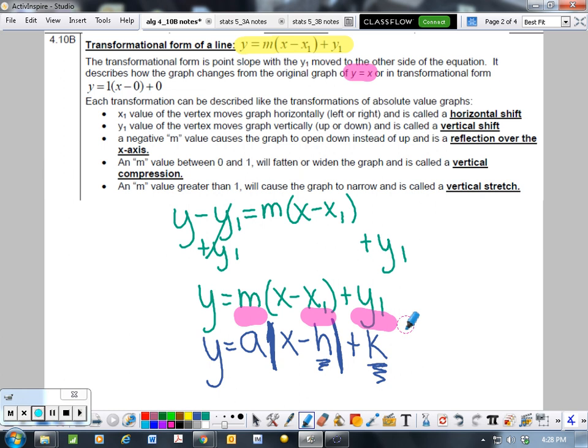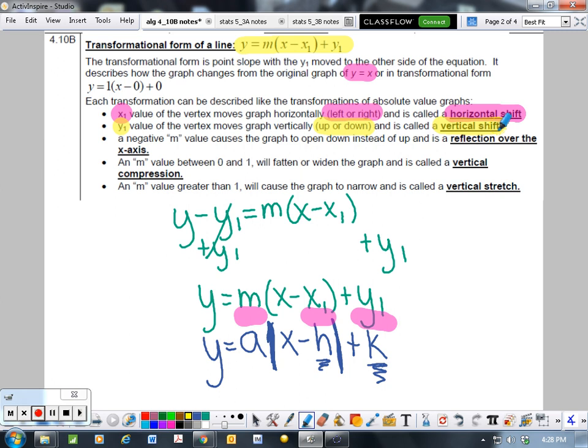Our x1 value moves our graph left or right, and it's called a horizontal shift. The y1 value moves the graph up or down, which is the vertical shift.